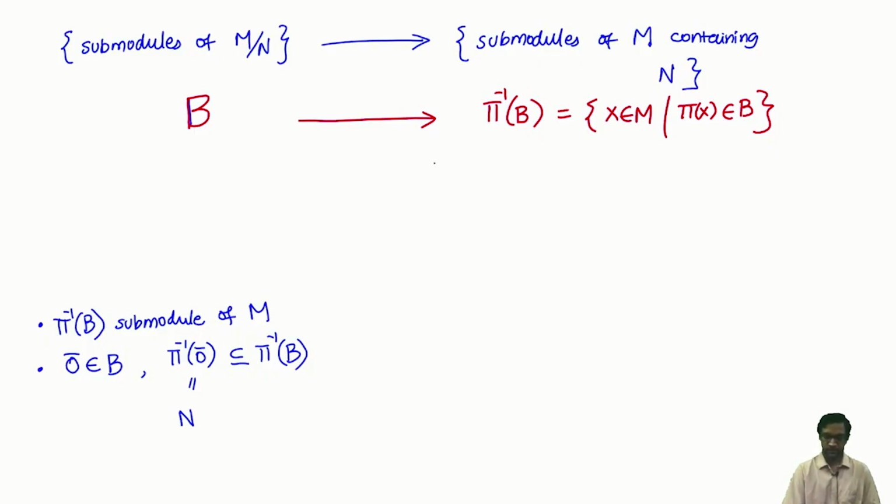That bit is fine. So now let's define a map in the other direction. Suppose I give you a submodule P of M which contains N, then this map is just pi of P. So I take P and I just map it to its image under pi, by which I mean all cosets.